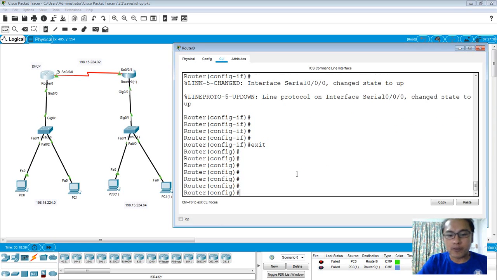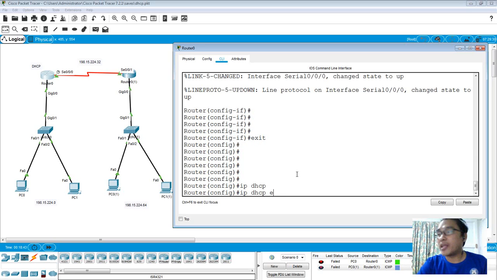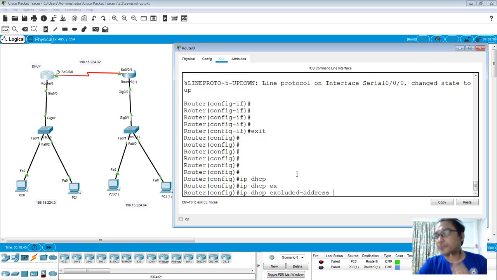Okay, so first you have to give the command ip dhcp excluded-address, meaning these are the IP addresses that we don't want to give to the PCs. Okay, until 9. So when you are going to identify a range of IP addresses that you don't want to give to the client, therefore use this type of addressing.